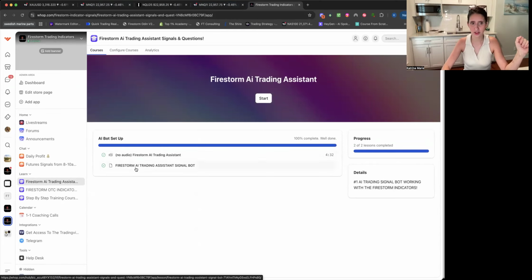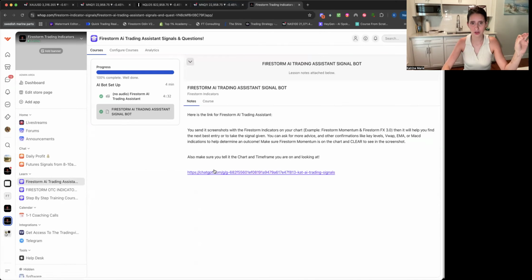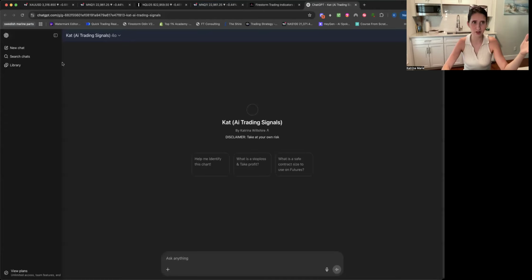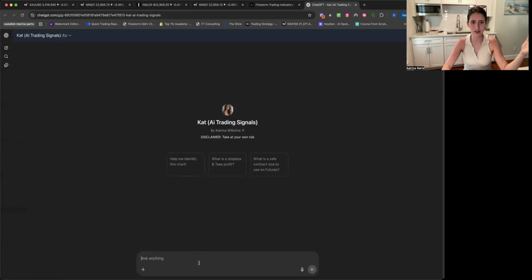This is the AI trading assistant, and you would just go to this GPT that I created right here, and you can literally ask it anything you want. So right here, like, what would be a micro NQ lot or contract size that would match up to NQ E-minis?